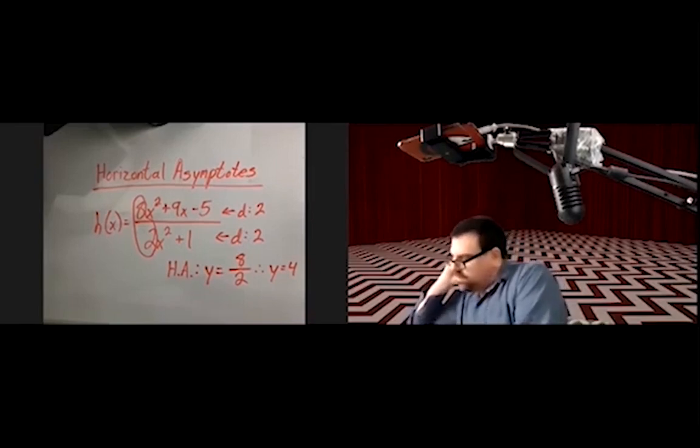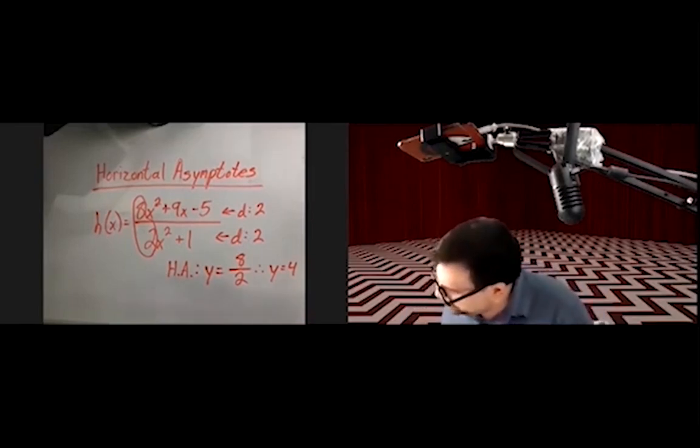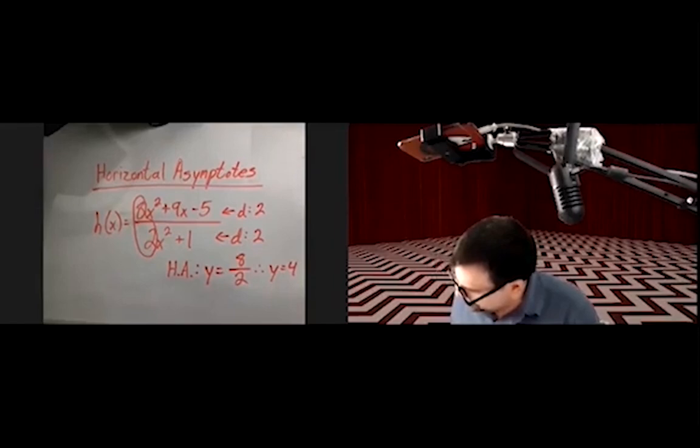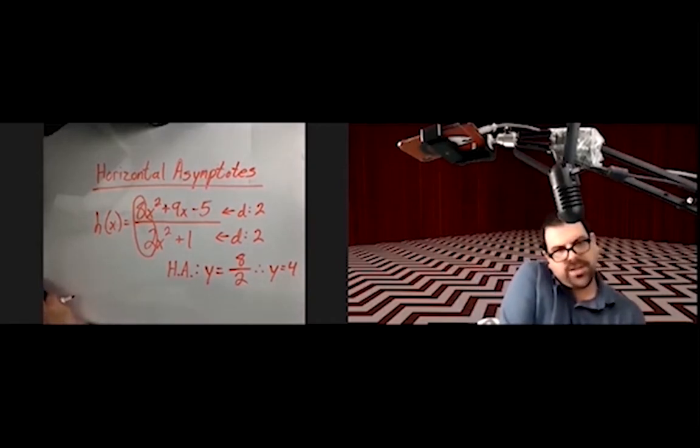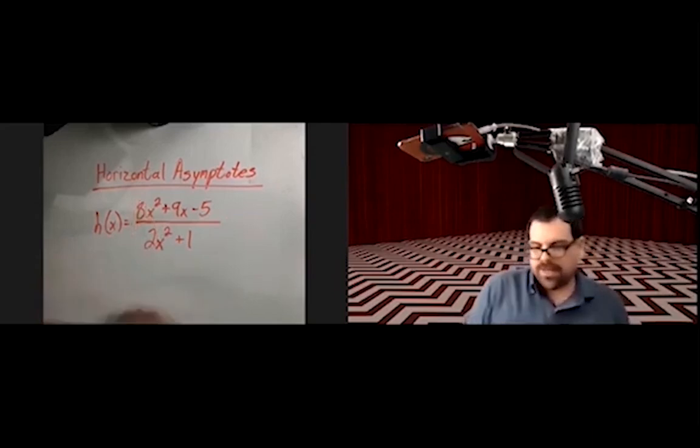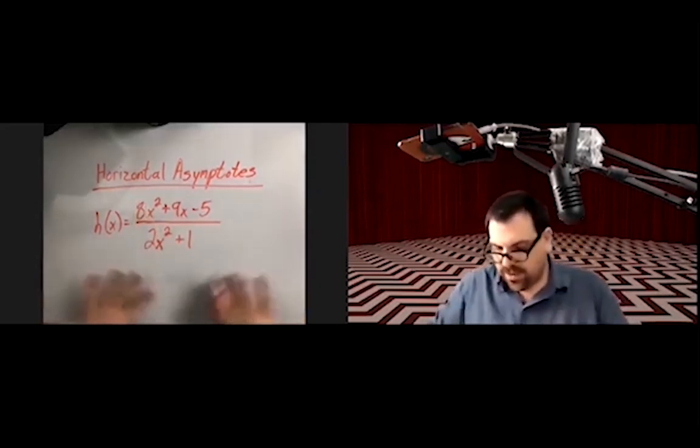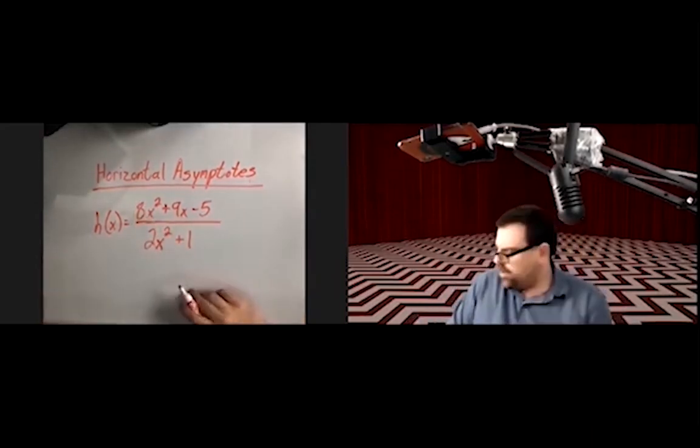Now I want to look at this further. And I'm going to use some magic to clean this up a little bit, but I want to look at h of x again. There we go, magic, see? All that circling, all that mess is gone.